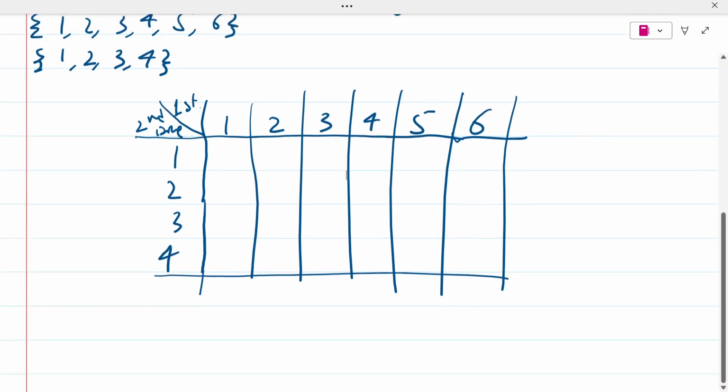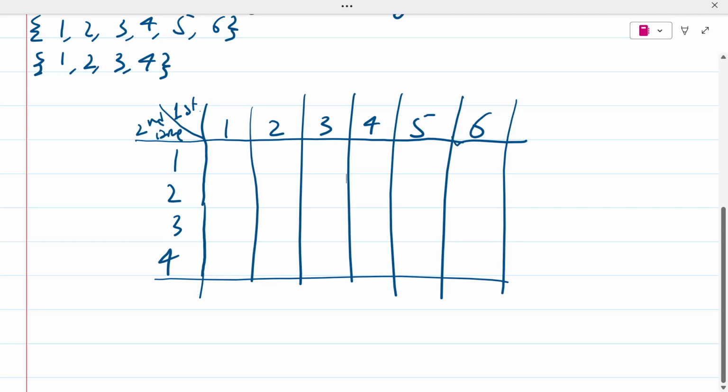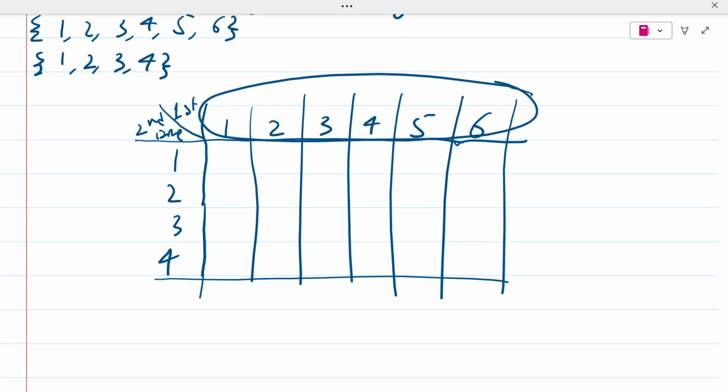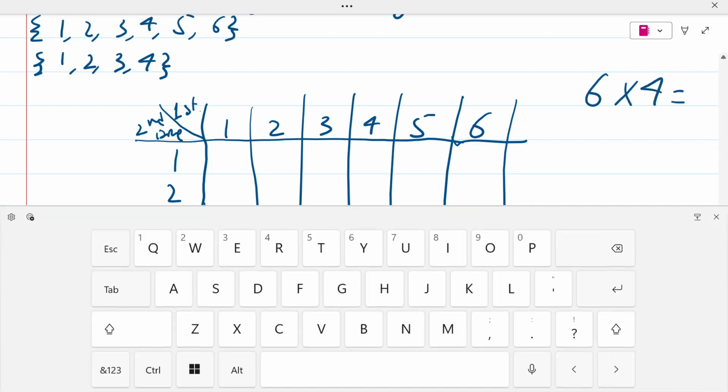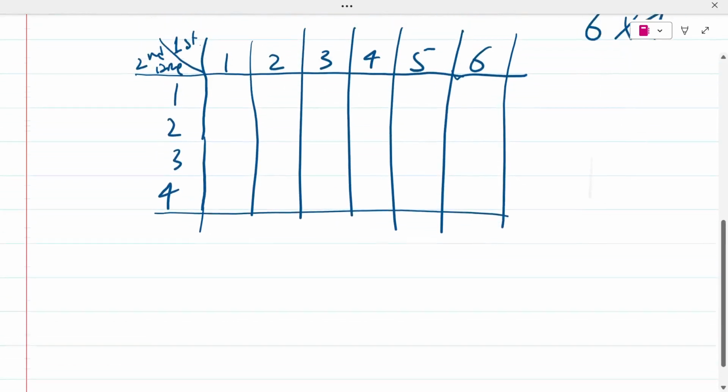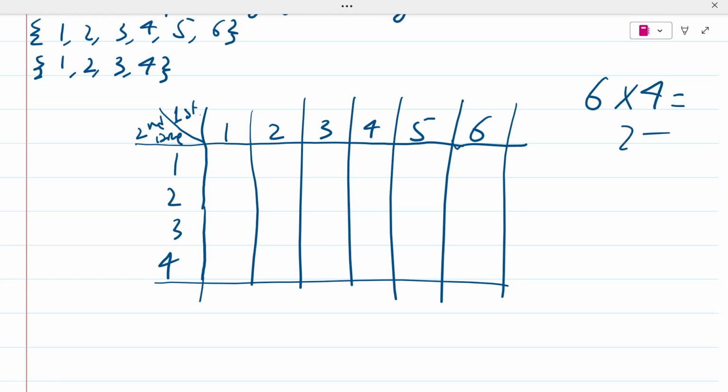In order for you to find the total outcomes, which will be our denominator, we just learned in the very first lesson that the formula for simple probability is favorable outcomes divided by total outcomes. So our denominator is going to be the number for this multiplied by the number for this, right? Which means 6 times 4, and that is 24.